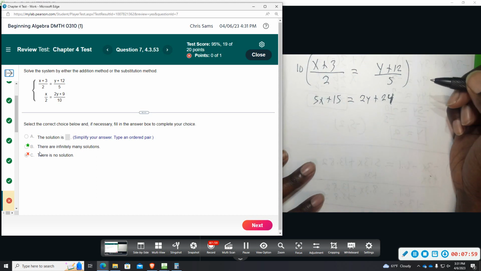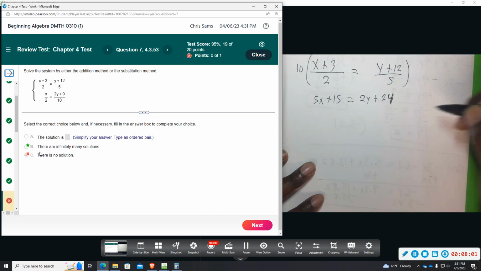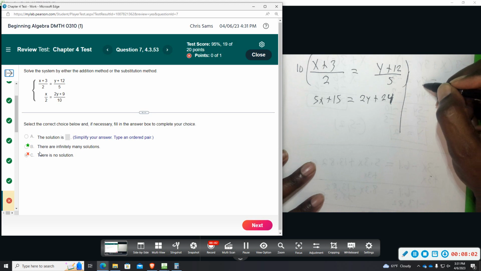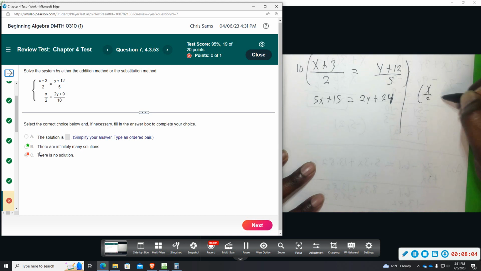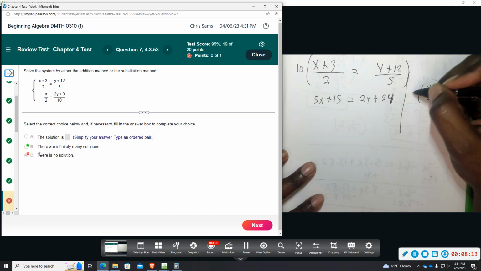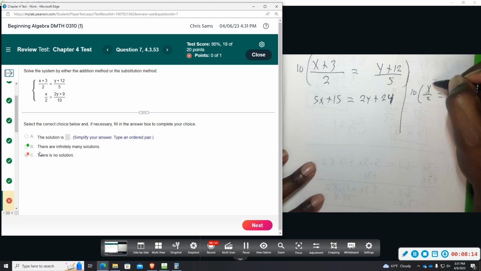Alright, the second equation, I multiplied that one by 10 as well. So 10 divided by 2 is 5, so that leaves me with 5x. 10 will cancel out and leave me with 2y plus 9.